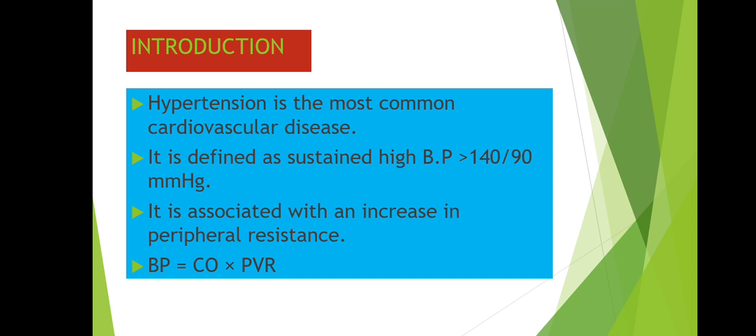Blood pressure is calculated using the cardiac output, which is the amount of blood the heart pumps out per minute, multiplied by the vascular resistance. Once this blood has been pumped out of the heart, it is taken to the rest of the body using blood vessels.